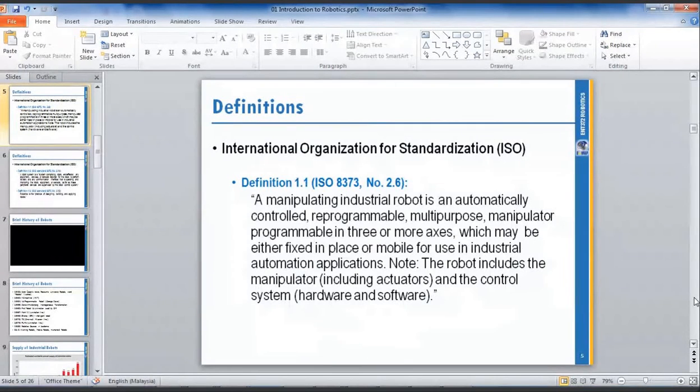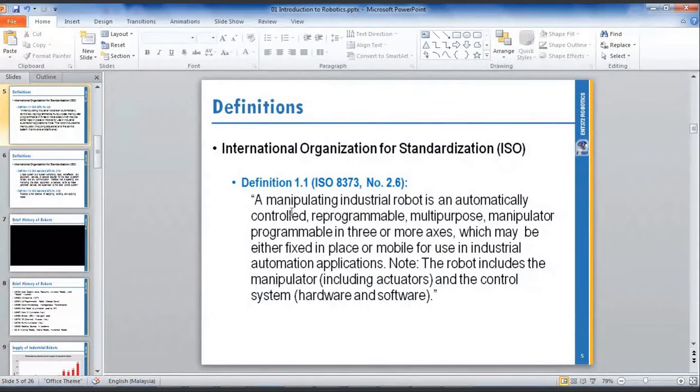Okay, and then this is the definition of a robot based on the ISO, the International Organization for Standardization. There are 3 definitions.